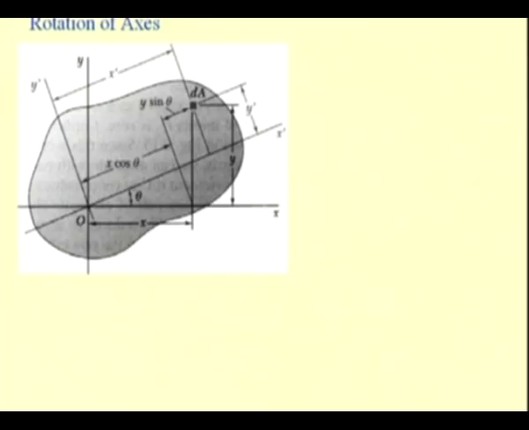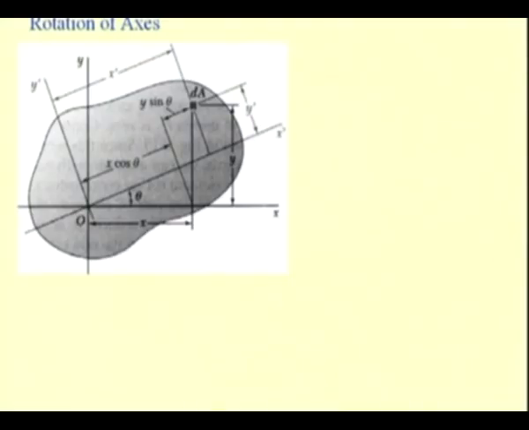Now, we are interested to find the second moments for a rotated axis with respect to O, that is x prime y prime, which is rotated by an angle of theta in the counterclockwise direction. So, now we want to determine the second moments for this rotated axis.